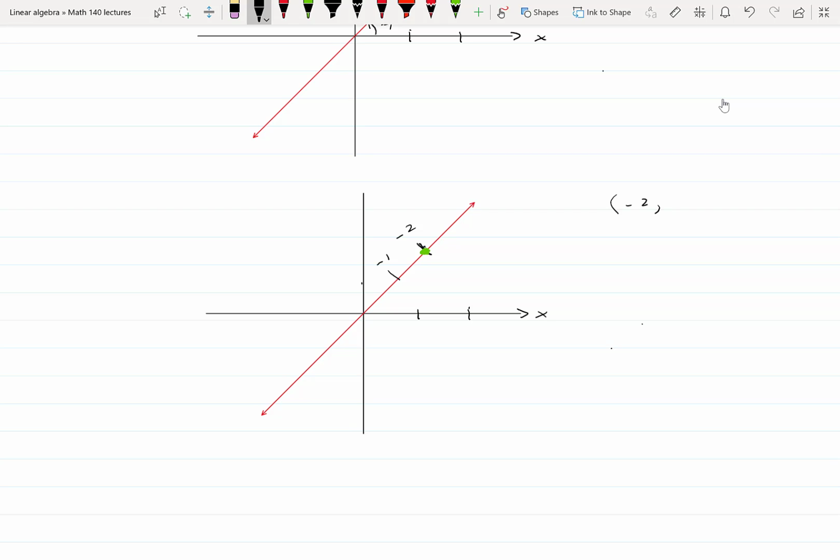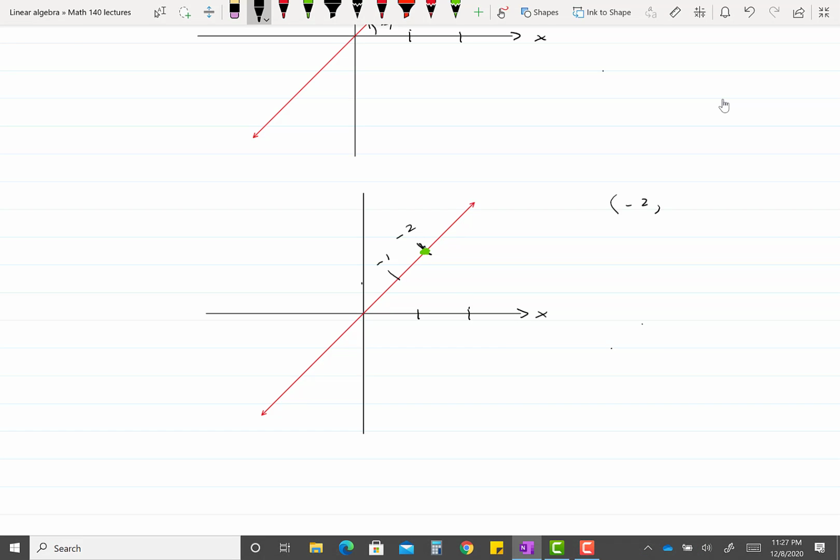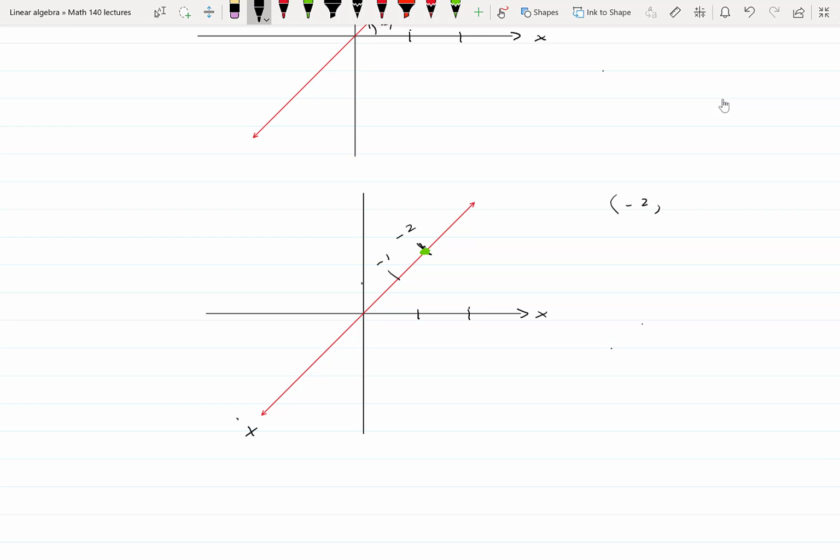So what theta value is going to be required to push the positive x-axis through quadrant 3 now? I'm going to need to take pi over 4 and continue to push the axis another pi.